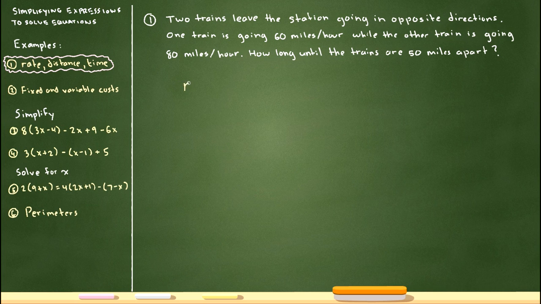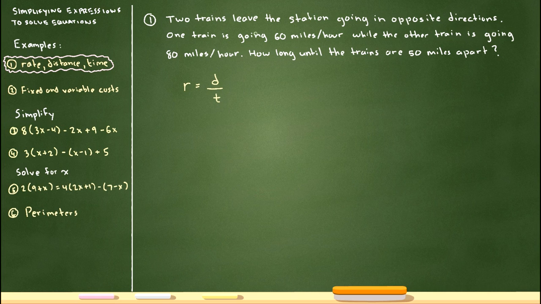The rate is equal to distance divided by time. This is an average rate. Something goes a distance in a certain amount of time, and we get the average rate of that object. That's the relationship between the rate, distance, and time.